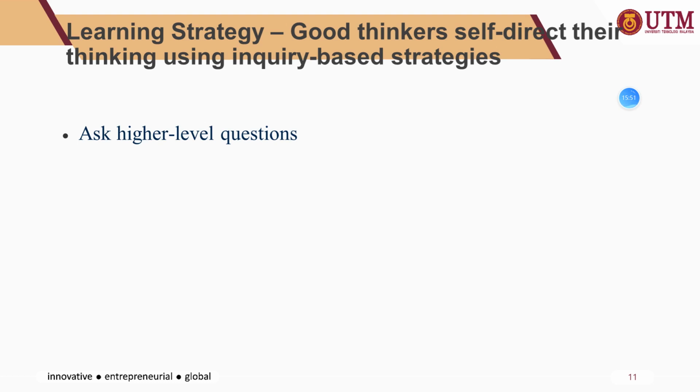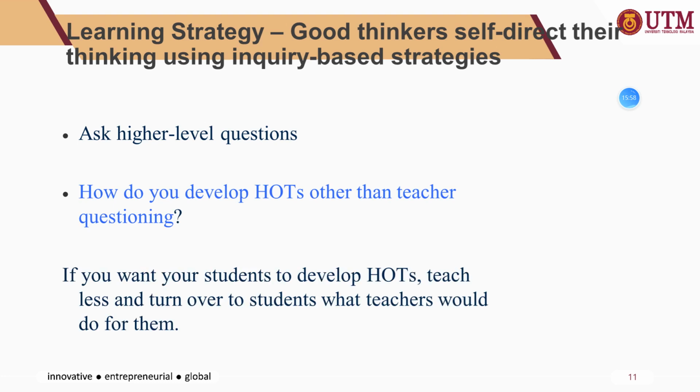The first one, we must ask students to ask high-level questions. How do you develop higher-order thinking skill, other than teacher questioning? If you want your students to develop higher-order thinking skill, teach this and turn over to students what teachers will do for them.